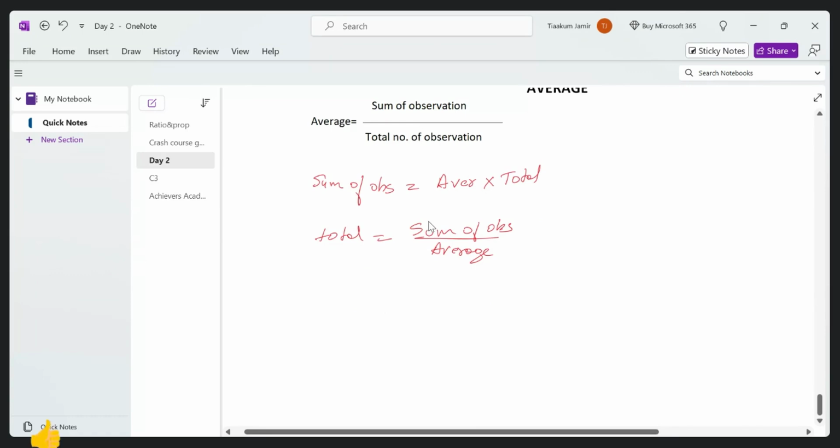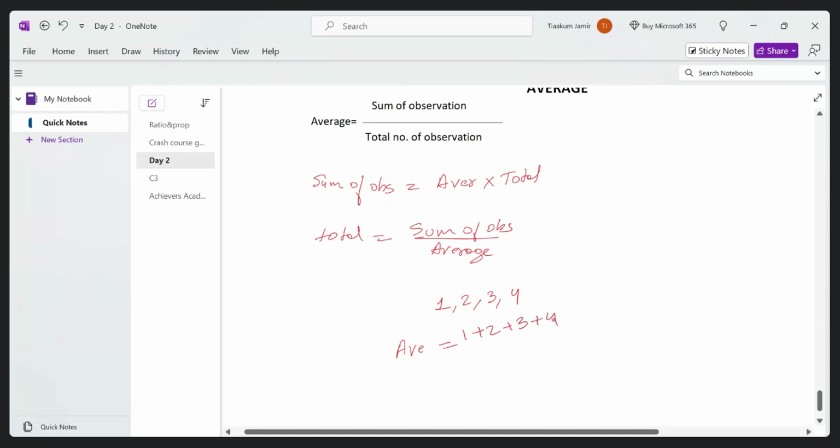Now this means what? Suppose you give these numbers, such as 1, 2, 3 or 4. Let's find the average with the help of the definition. Average is sum of observations, meaning 1 plus 2 plus 3 plus 4.